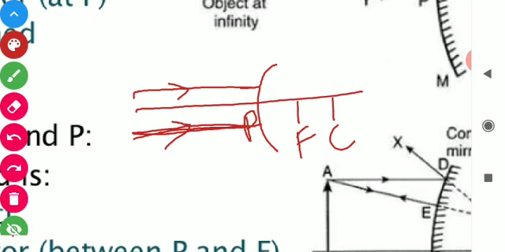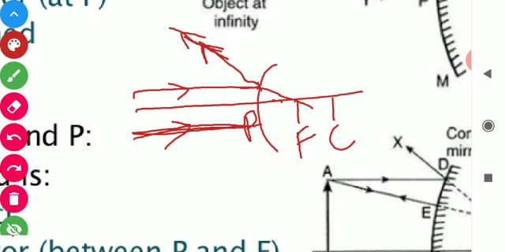Now students, as we studied in the concave mirror, now we have to apply rules for making the images. Now student, here as you know the first rule, that any ray which is parallel to the principal axis, after reflection it diverges in the direction of focus.